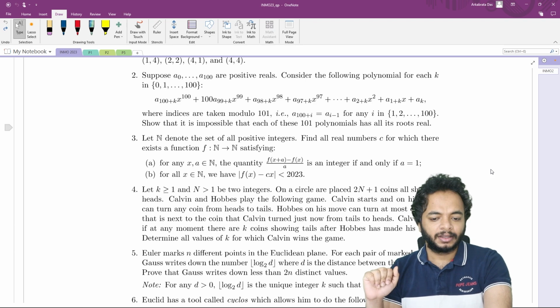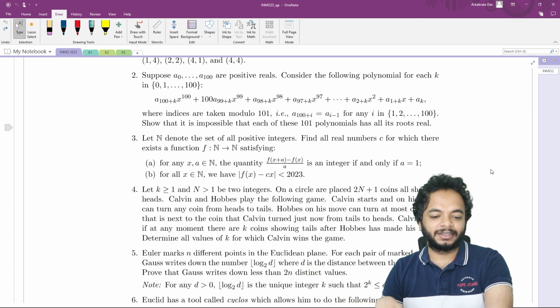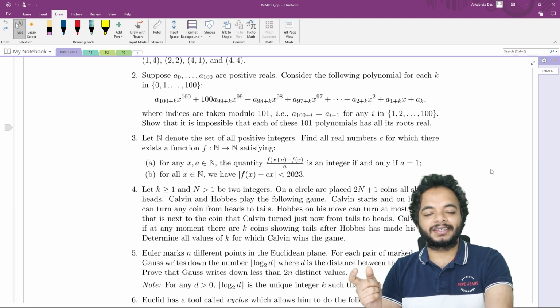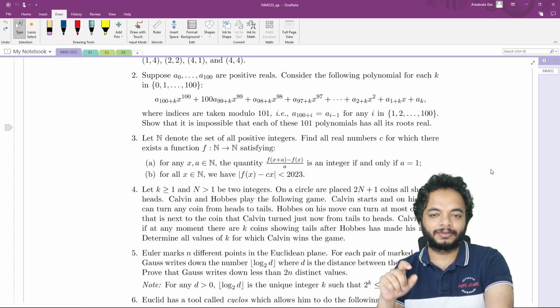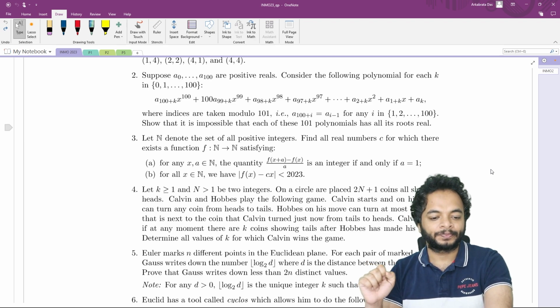Notice one thing about this polynomial: all the coefficients are fine, but only the second coefficient has 100 multiplied with it. That gives us a hint that we should think about what we can do with that coefficient, because that is a special one.